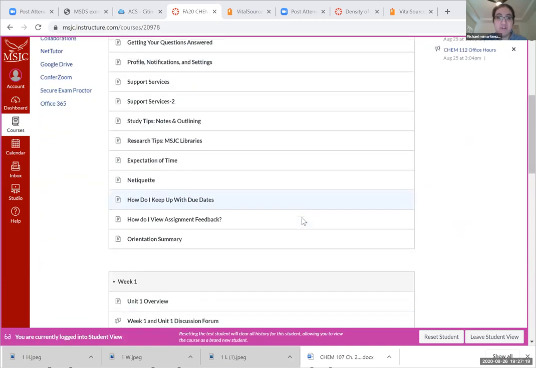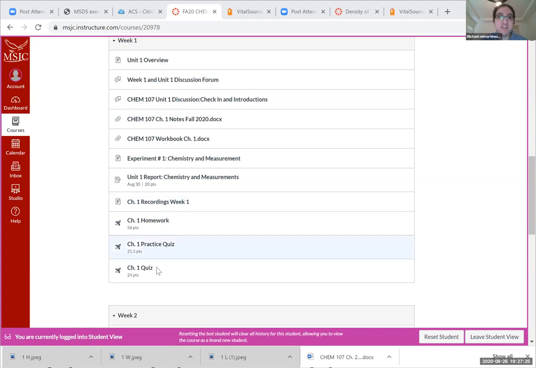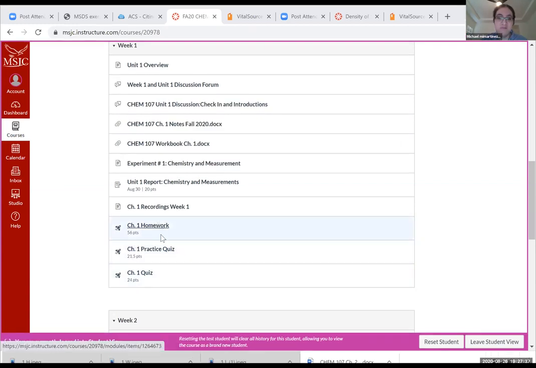And if you actually check your week 1 and week 2 overview, you can check the due dates of different assignments. So the Unit 1 report, it has it due this Sunday. The homework and the quiz are also set up in Canvas. And I can go through and make sure that it's showing up in the calendar page.